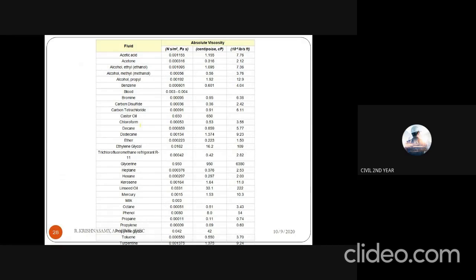Kindly note it down. Sometimes they will ask what the viscosity is for some specific fluid, such as ethyl alcohol, in terms of Newton second per meter square, centipoise or poise.